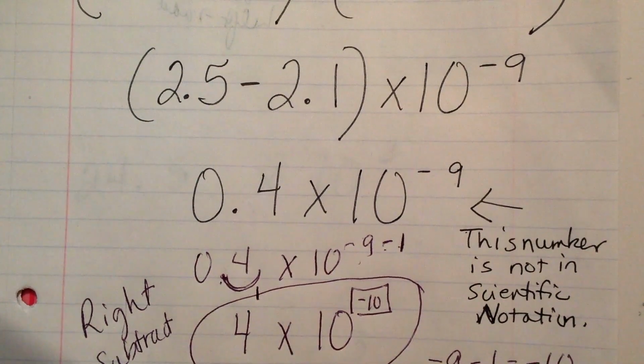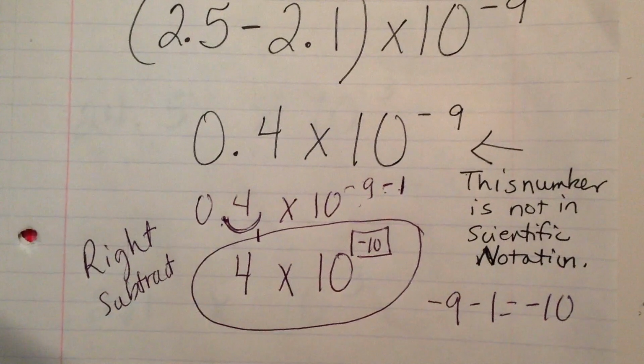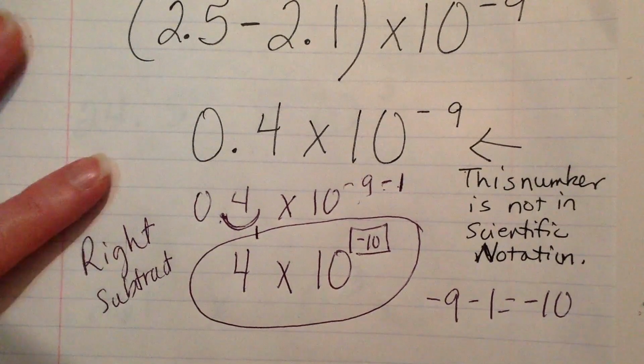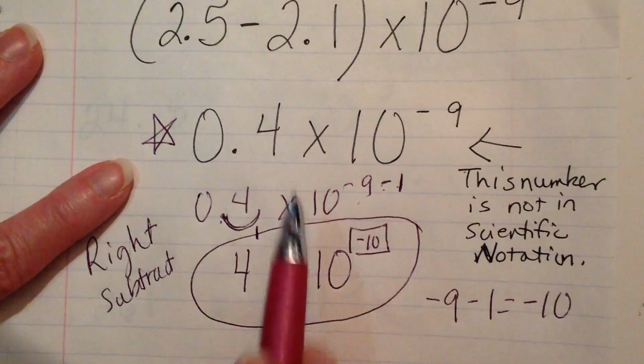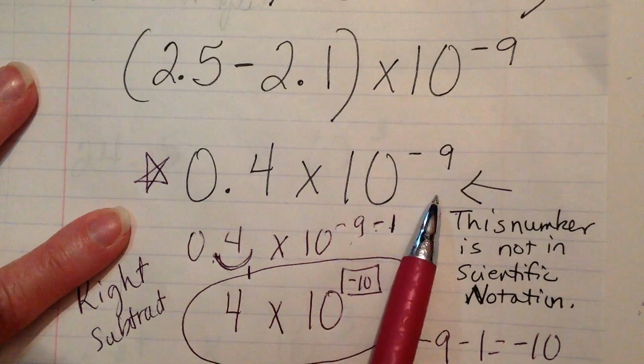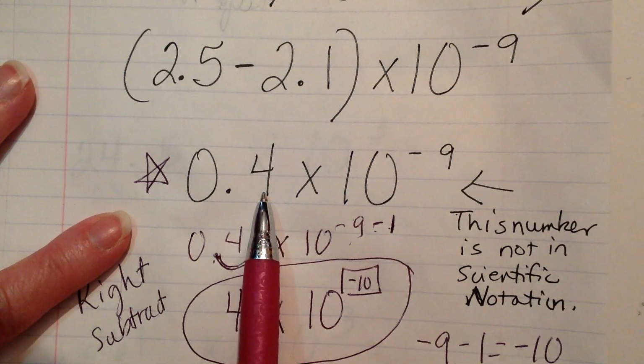If your problem starts in scientific notation like ours did, we need to leave our answer in scientific notation. So again, at this step right here, I'm going to put a star by it. We subtracted, but we were not in scientific notation because this number here, 0.4, is not greater than or equal to 1.